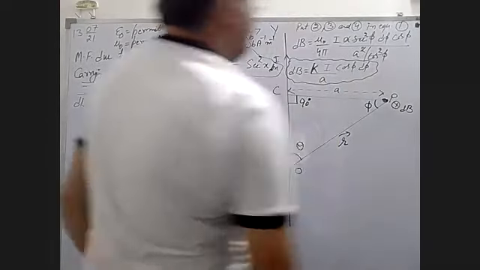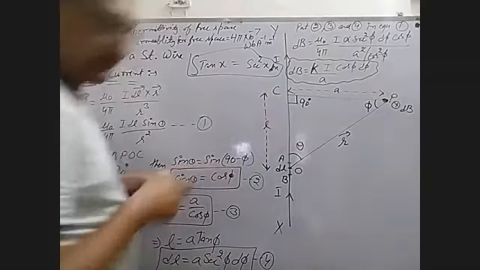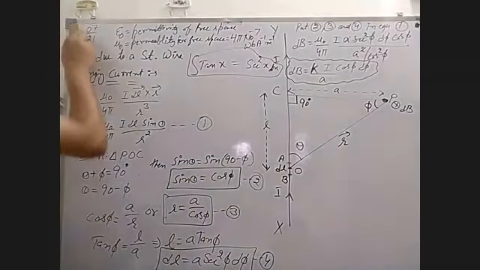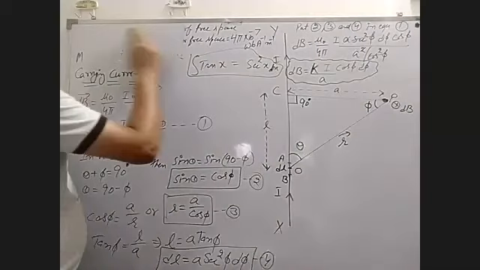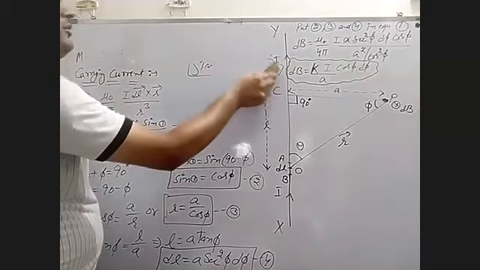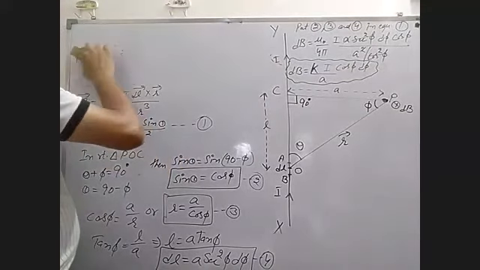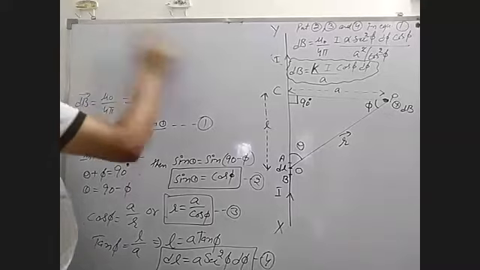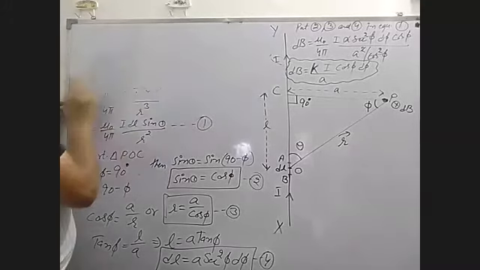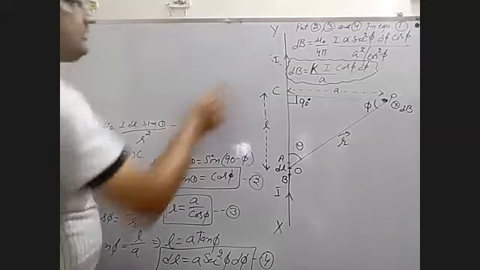But one thing is there. If the conductor is infinitely long, then this angle phi has a limit.